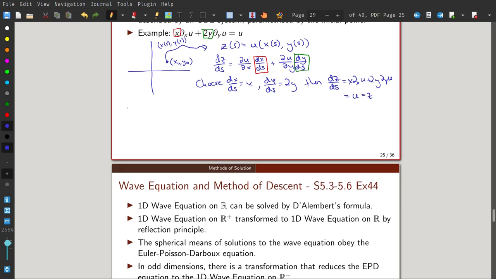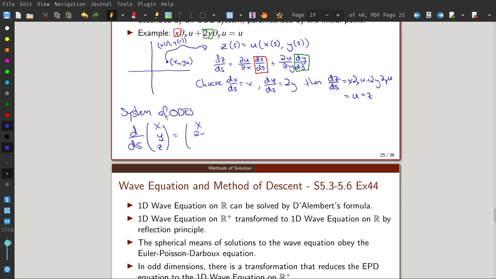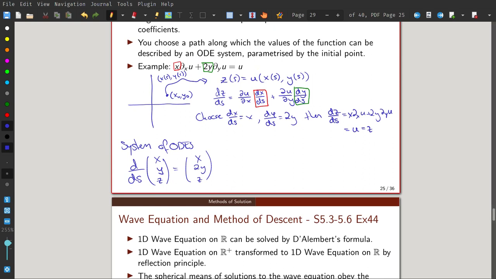So what do we get? We get the system of ODEs, d/ds of (x, y, z) is equal to (x, 2y, z). Okay, so what this does is it reduces a first order equation to a system of ODEs.